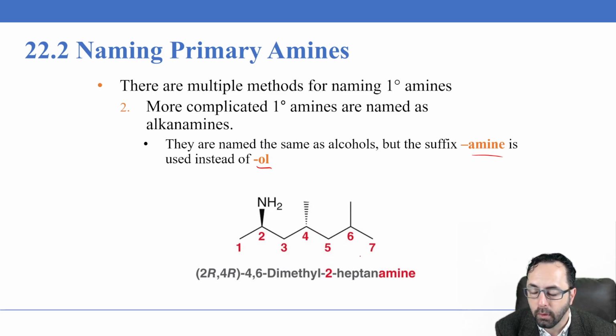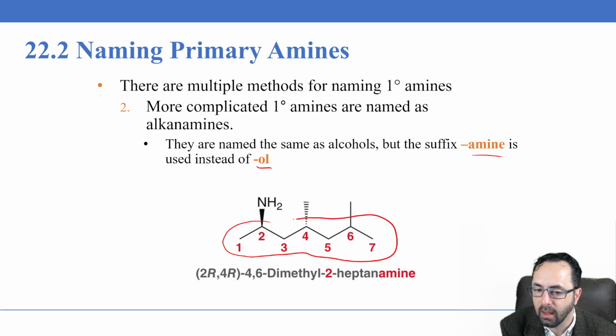So here, if we're going to name this amine, let's break down how we would do it. First, we're going to find the parent chain with the longest number of carbons that is attached to the amine. The amine is the higher priority group than methyls or methoxys and so forth. And so this main chain here is going to be called hept, or 7 carbons, and then an, because there are no double bonds, otherwise we'd say ene, then amine: heptanamine.